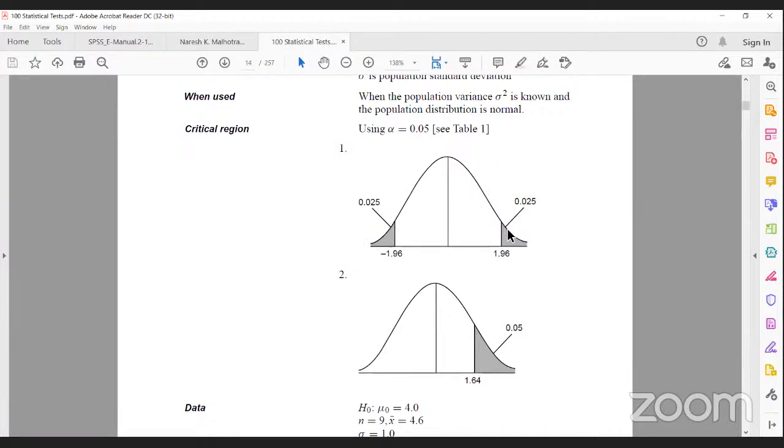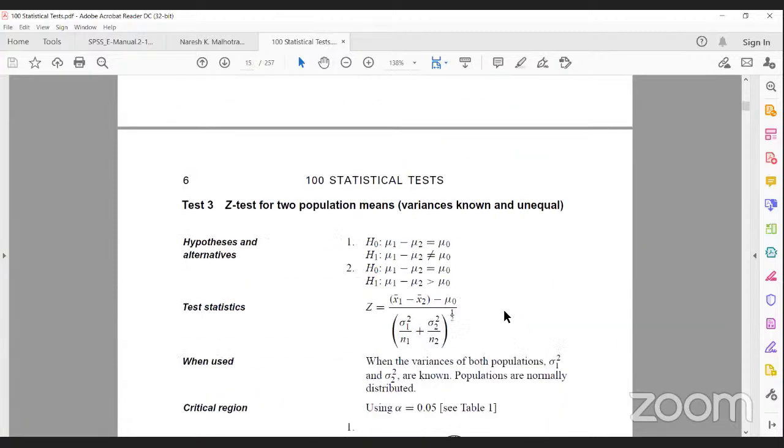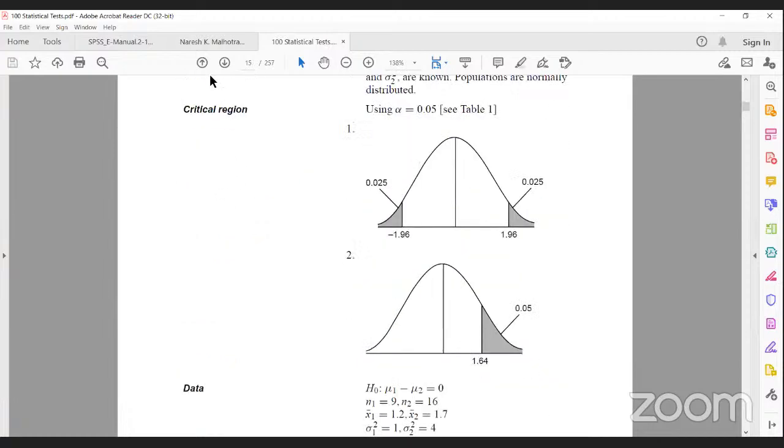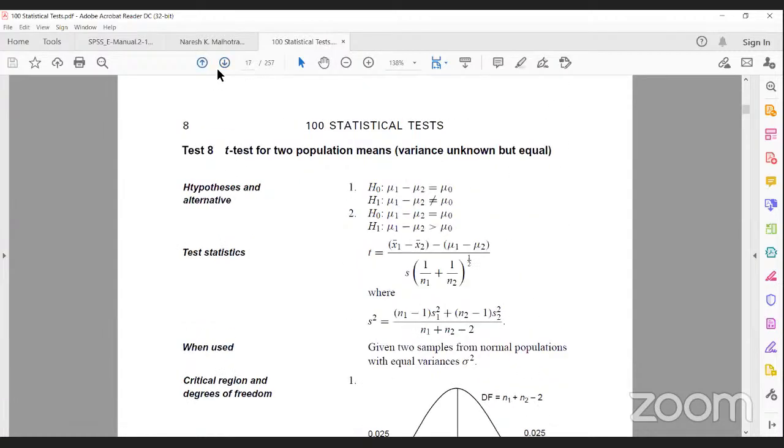So without delay, we will go to our statistical tools, and I think I have to go to test 8.